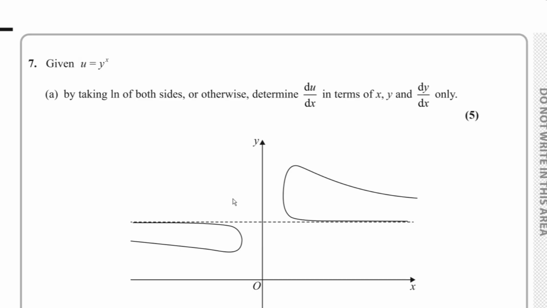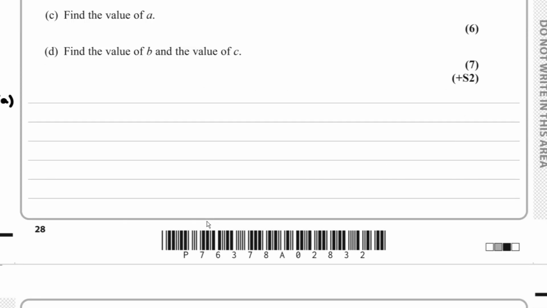Question number 7. Given u equals y to the x, part A, by taking the natural log of both sides, or otherwise, determine du over dx in terms of x, y, and dy over dx only. We begin with u equals y to the x, and if we take the natural log of both sides, we've got the natural log of u equals the natural log of y to the x.